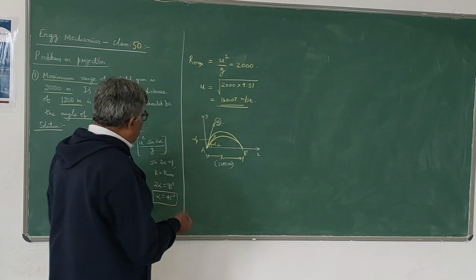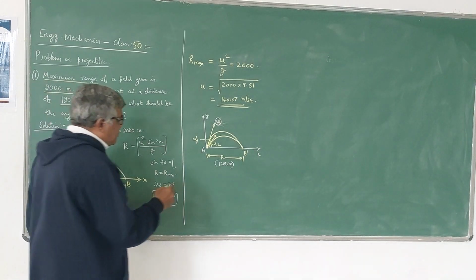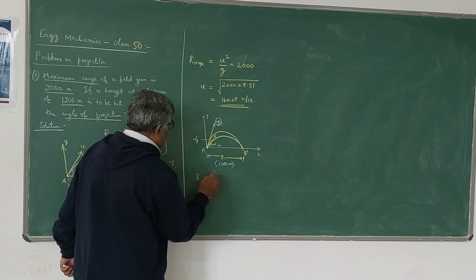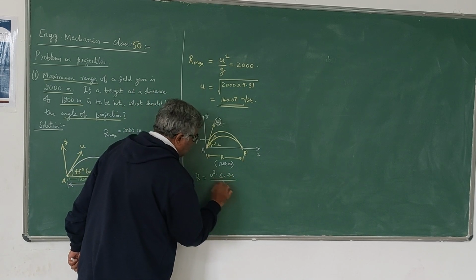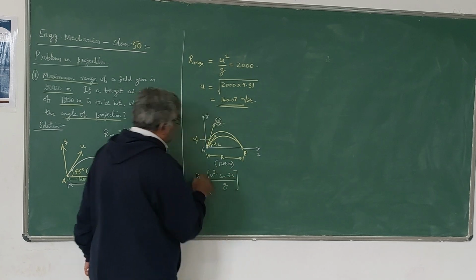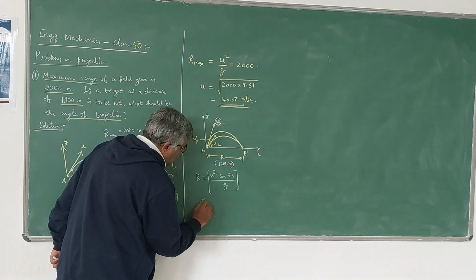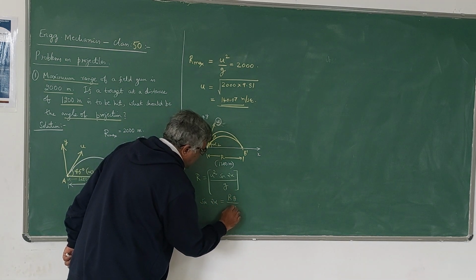For that, once again I have to go back to the expression for R. The expression for R here is u square sin 2 alpha by g. Here u is known, R is known, and alpha is unknown. Therefore, sin 2 alpha is equal to R into g divided by u square.